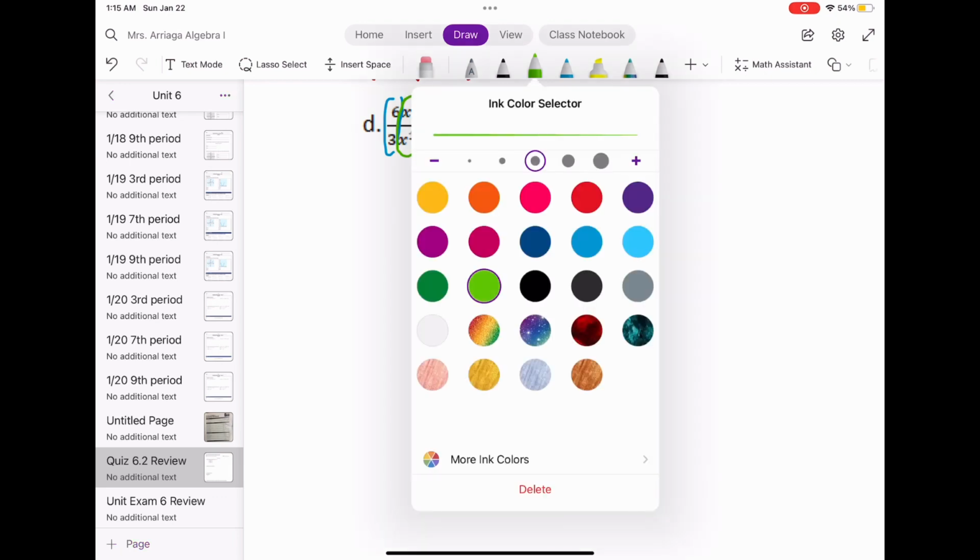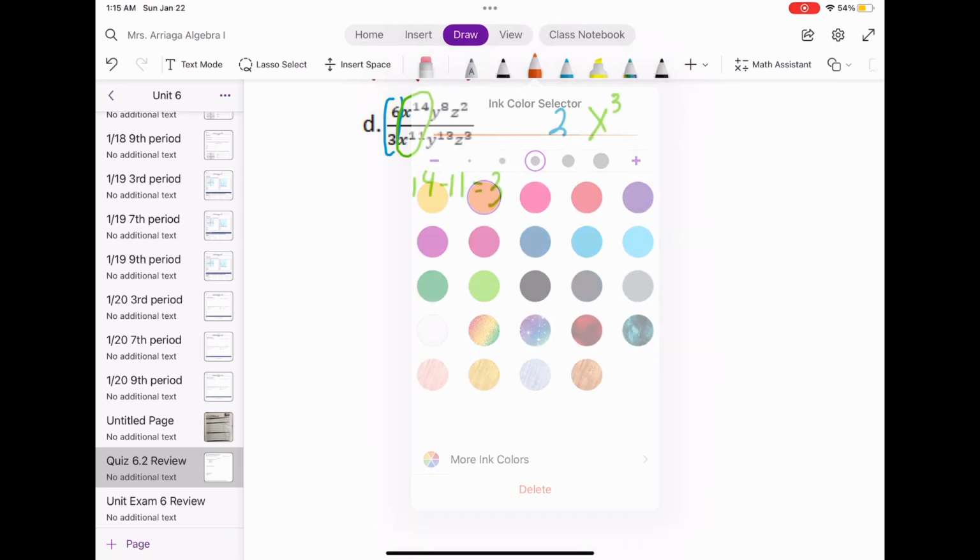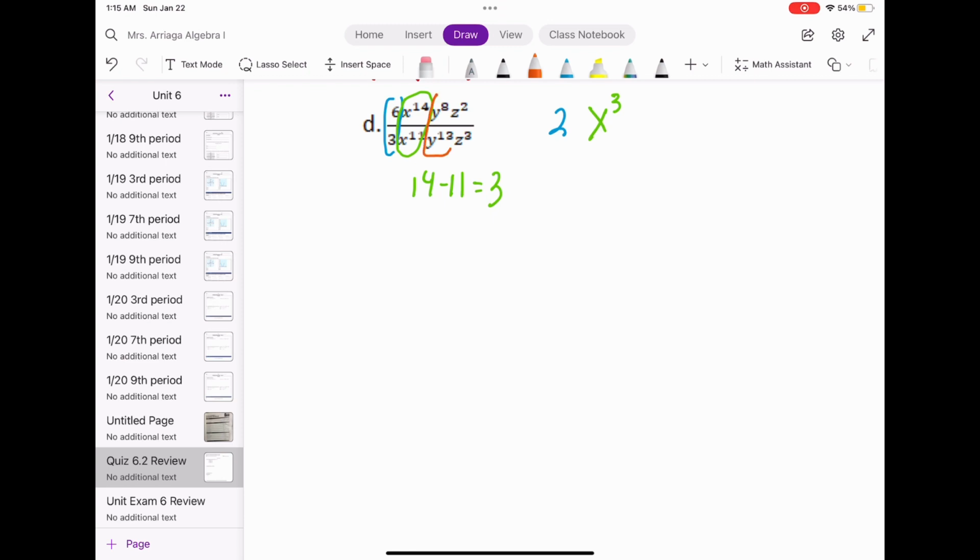Now let's work on y. y^8 divided by y^13, we keep the y and we subtract the exponents. So 8 minus 13. Remember, it's top exponent minus bottom exponent. It doesn't matter if the bottom exponent is bigger. Okay, top minus bottom. So 8 minus 13 is negative 5. So we write y to the negative 5.